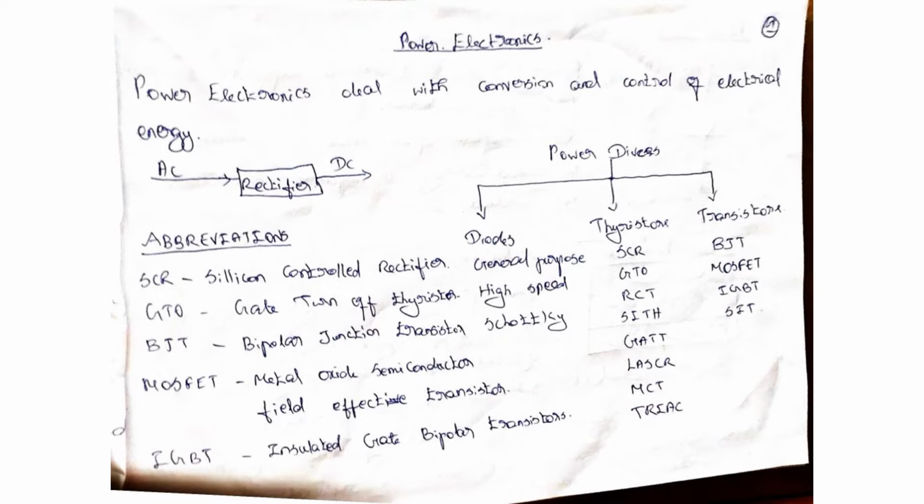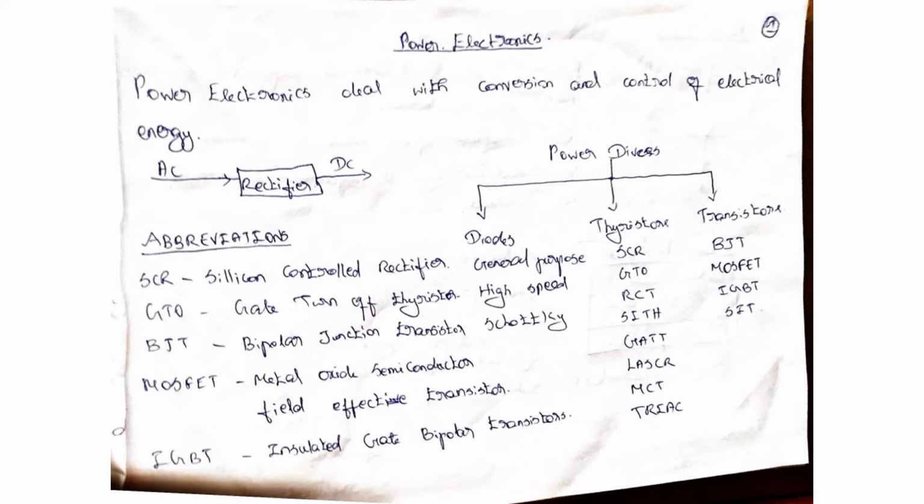Okay, power devices. The power devices are divided into three sections: diodes, thyristors, and transistors. Diodes are classified as general purpose diodes, high speed diodes, and Schottky diodes.